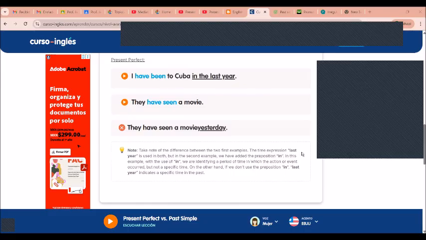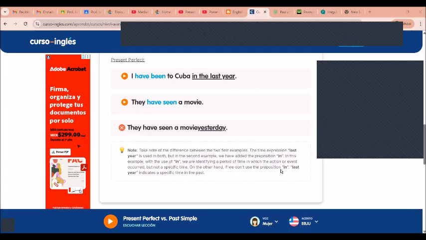The expression last year is used both in the past simple as well as in the present perfect because you could be marking the different times. But notice in the second example, we added in to show that the present year is being considered. We're identifying that period of time and not a specific closed time.